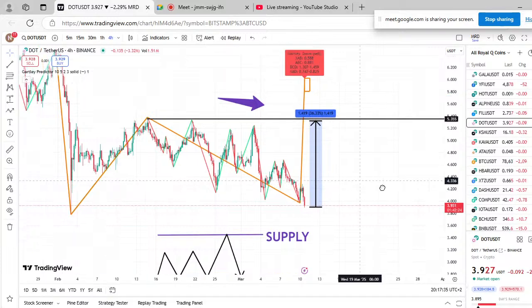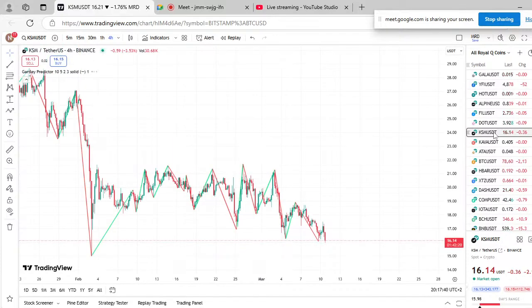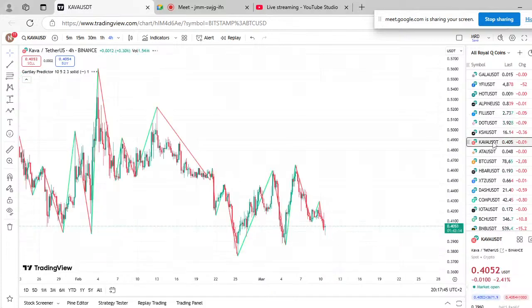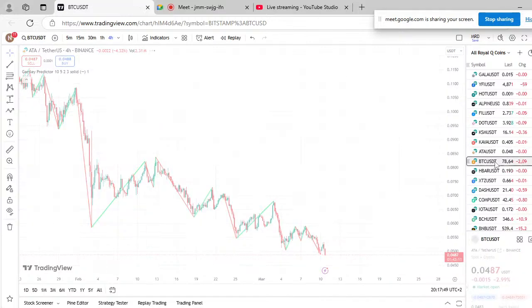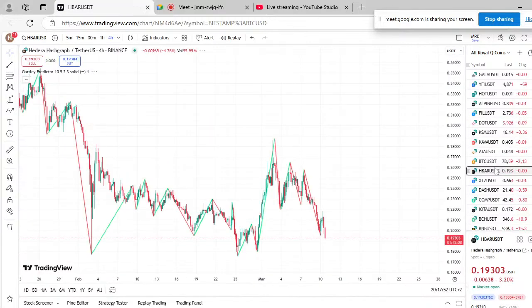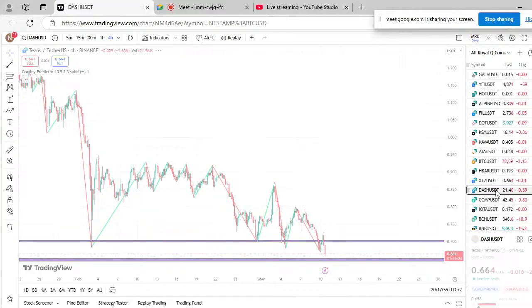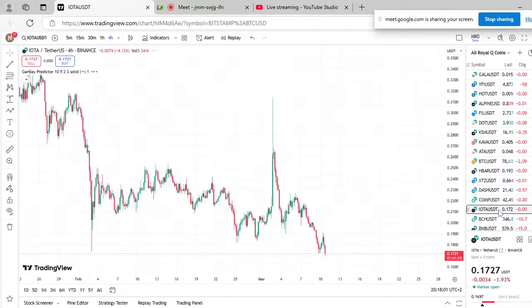Okay? So, I'm looking for another one. Let's check another one, whether we can get it. Where is another one? You take note of that coin, and I will share it after hitting that take profit. Another one.